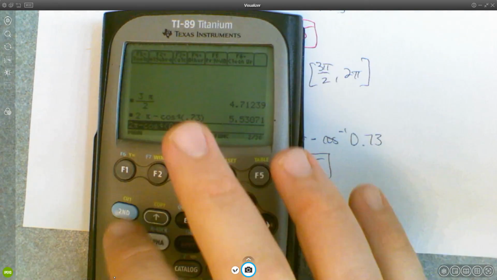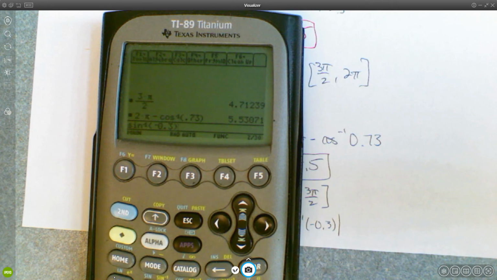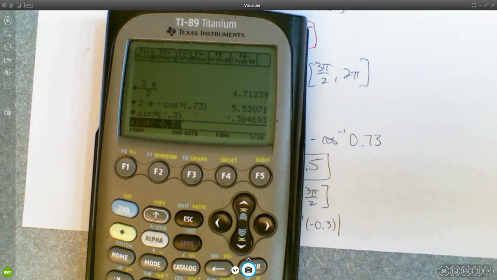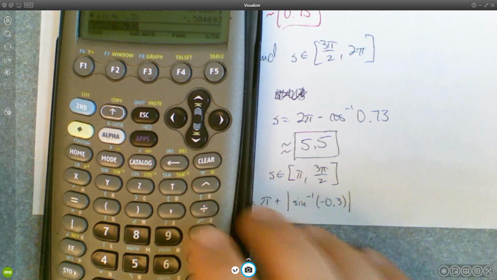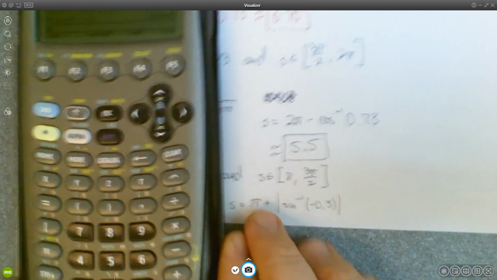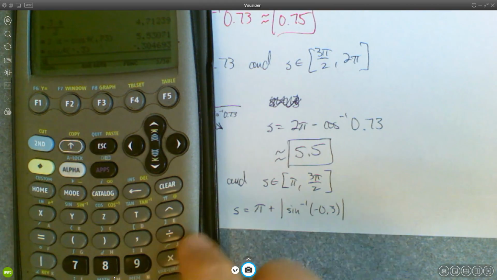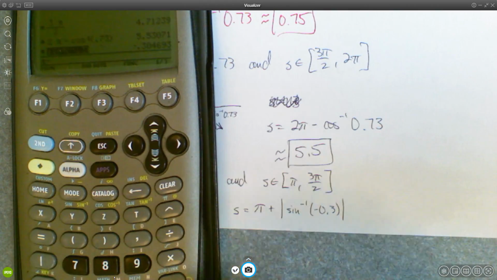So first of all, sine inverse of negative 0.3 is that number. And so I'm going to do pi plus the absolute value of that number. If I subtract it, actually, I'll have a double negative. That'll make it positive. So I'm just going to go ahead and subtract it and see what I get.